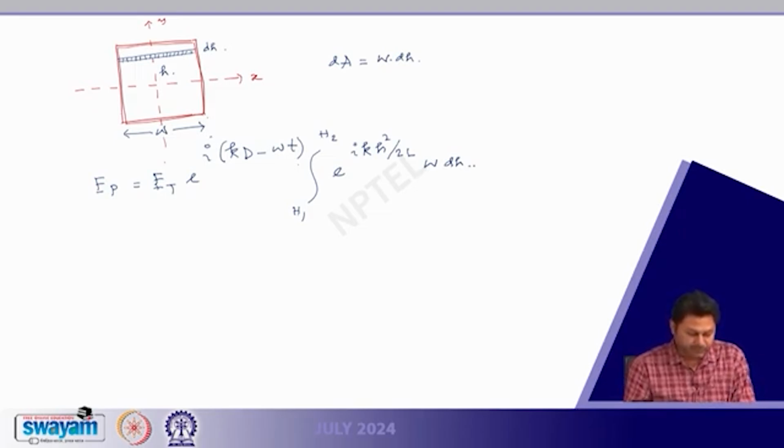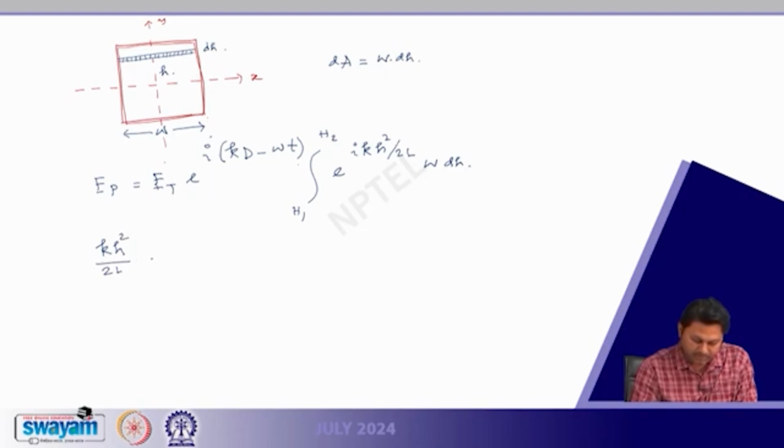Now, I can manipulate few things here. For example, here k h square divided by 2l, I write it as 2 pi divided by lambda, which is the value of the k, then h square I write, and I put 2l here.